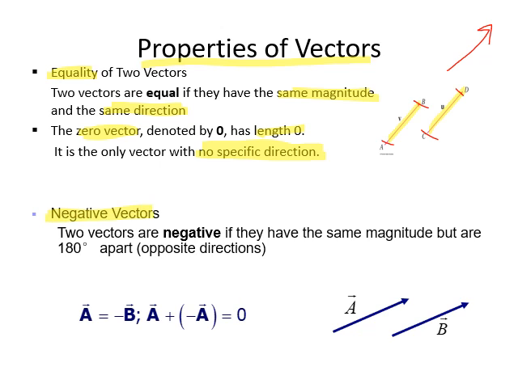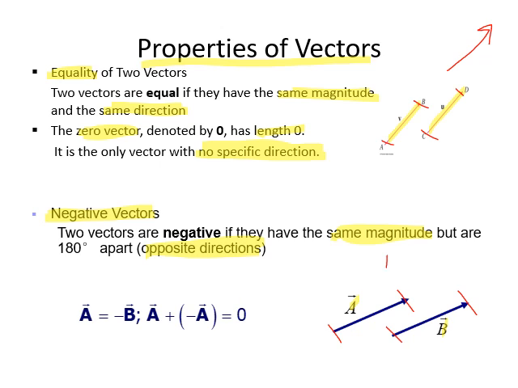Next is negative vectors. Two vectors are said to be negative of each other if they have the same magnitude but are 180 degrees apart, meaning they are opposite in direction. For example, if you check this vector A and vector B right now, they both have equal magnitude and they both are pointing in the same direction.